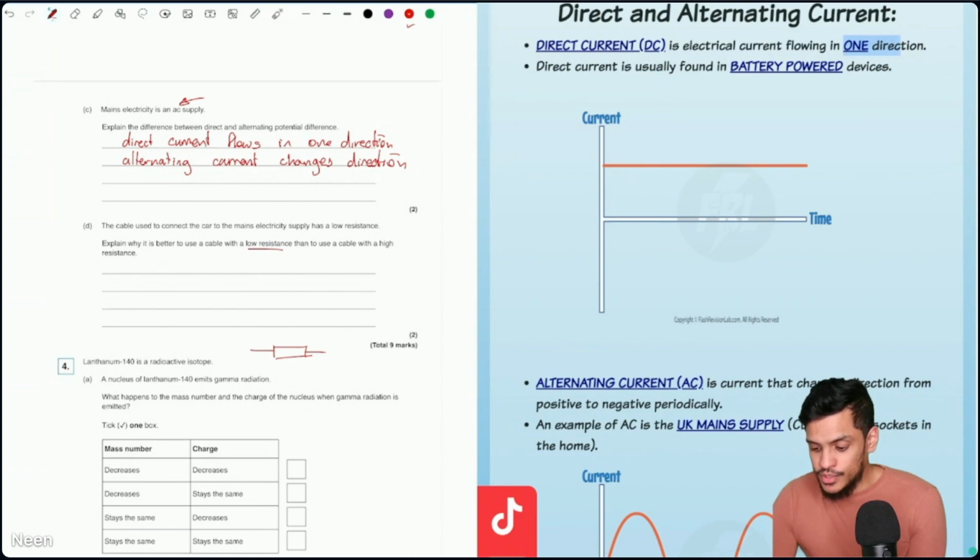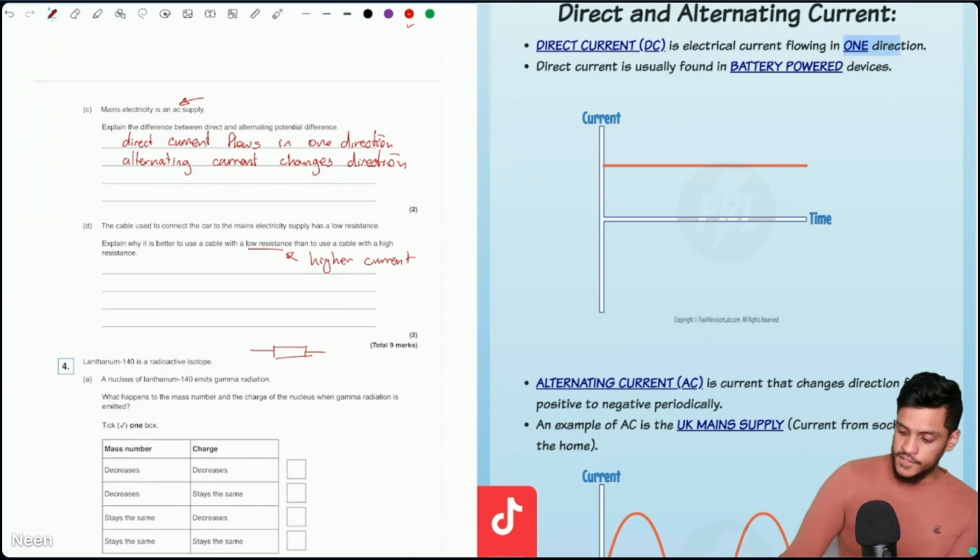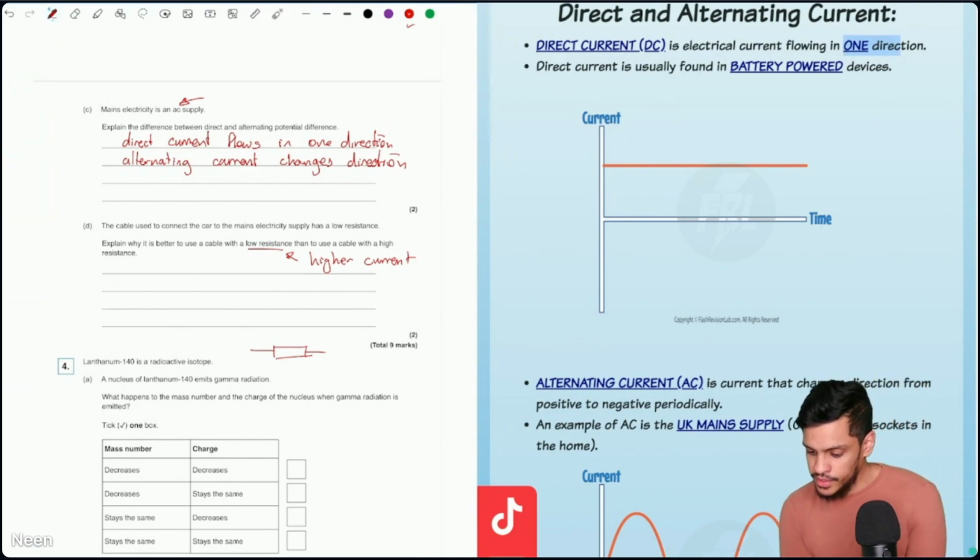It's better to use low resistance because low resistance means higher current. So remember, resistance affects current. If you have low resistance, you're going to have high current. Whereas if you have high resistance, you're going to have lower current. So it's going to take longer to charge the car. This whole thing is used to charge a car, isn't it?